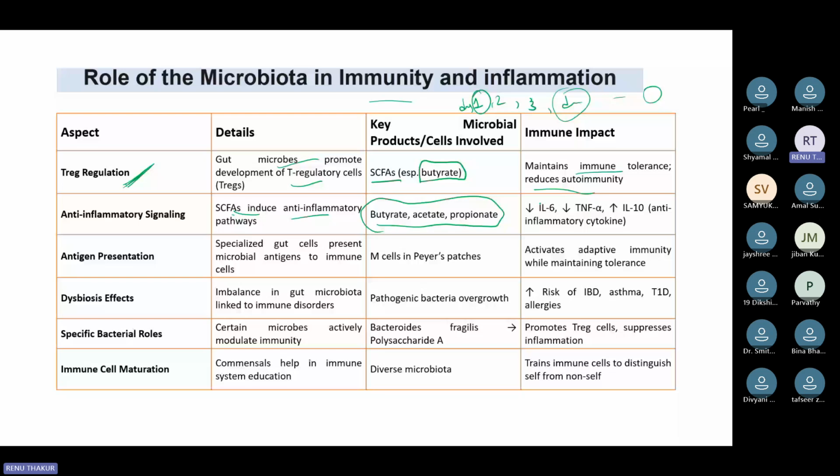TNF alpha is tumor necrosis factor alpha, again a pro-inflammatory cytokine that plays a role in the immune system response to inflammation and infection. So it is a pro-inflammatory regulator, and we need to bring down the concentration of this TNF alpha.